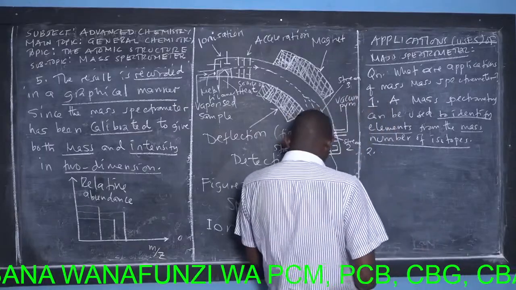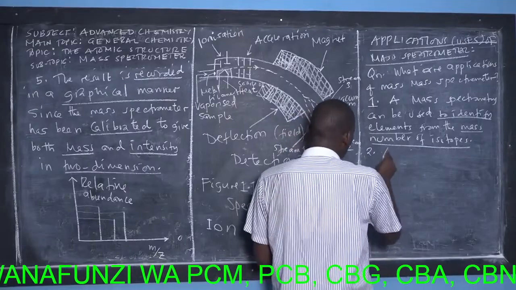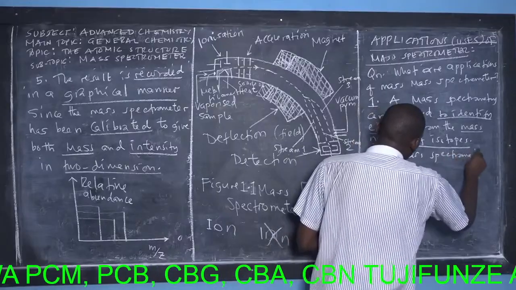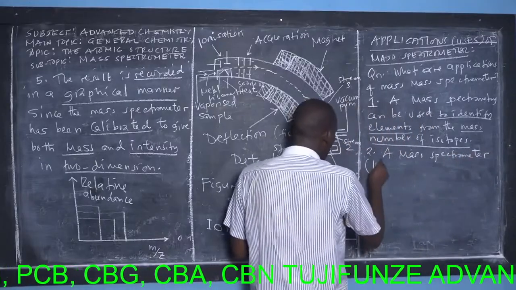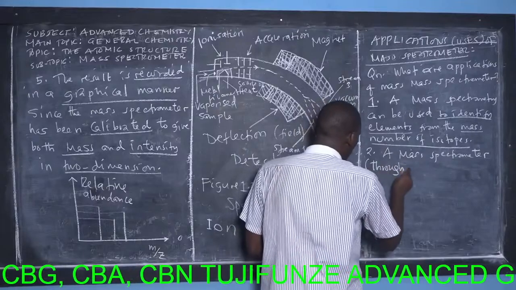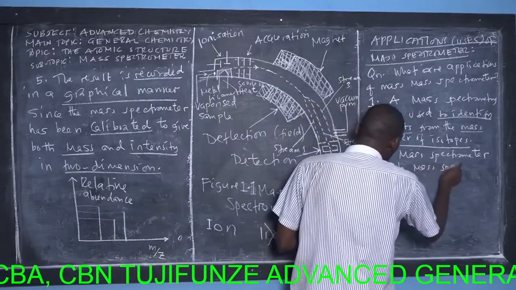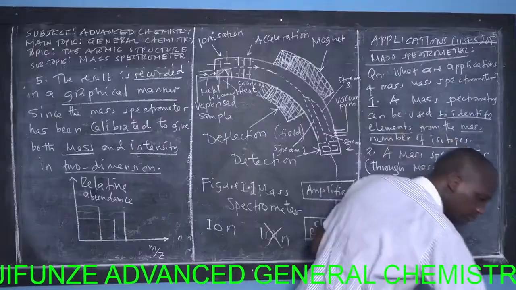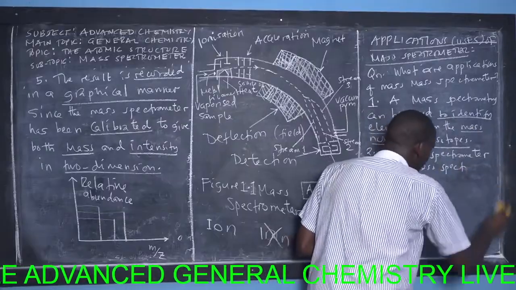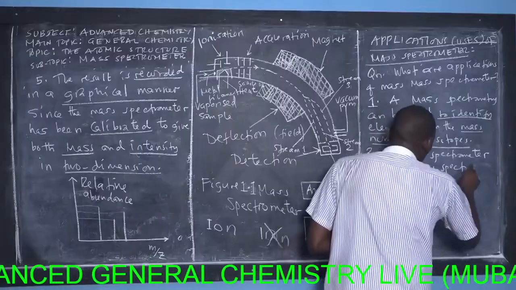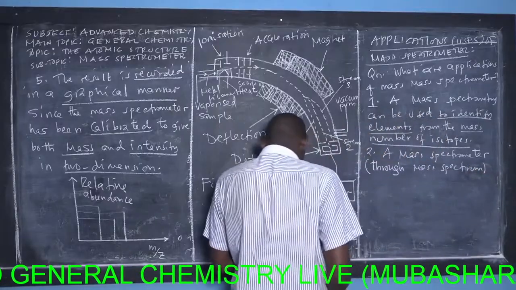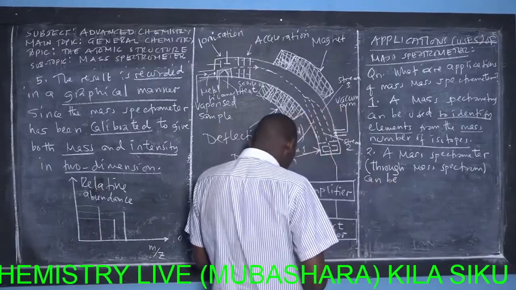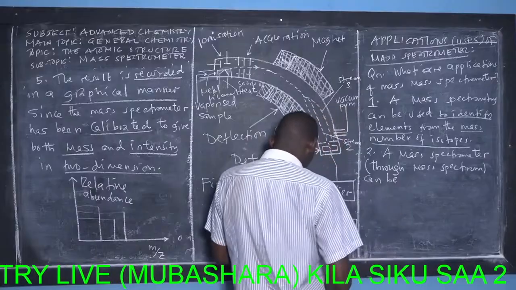The second application says that a mass spectrometer, through mass spectrometry, which I will teach you, through the mass spectrum, I'll teach you in lecture 2 what the mass spectrum can be used for. This is the fundamental application of a mass spectrometer for A-level students.